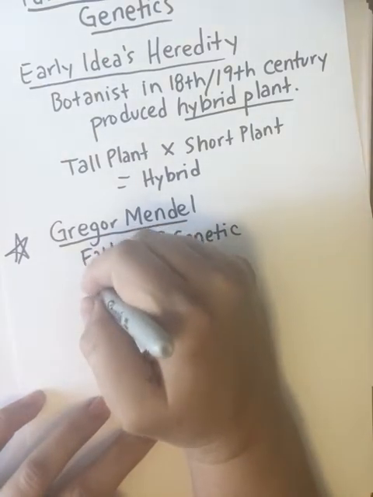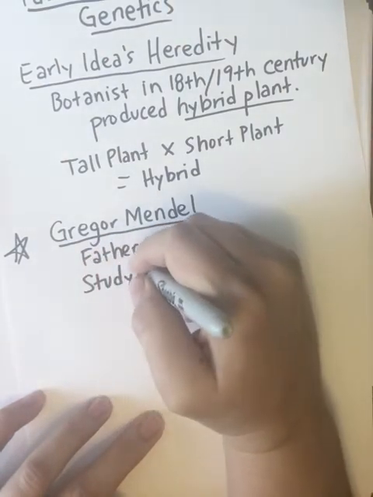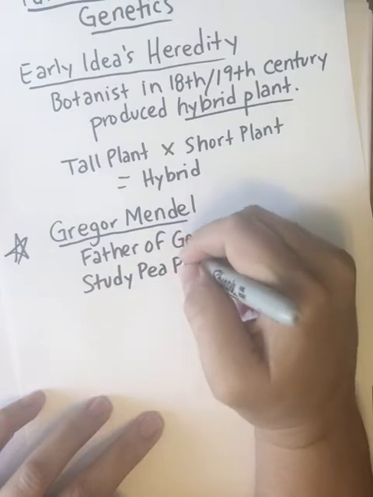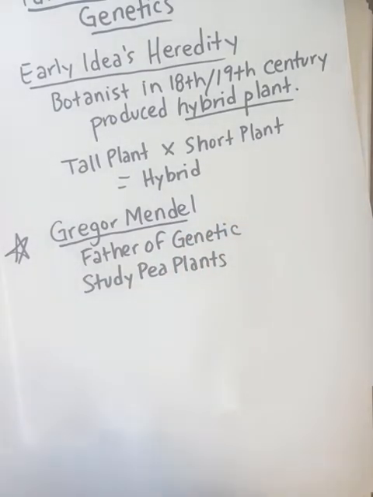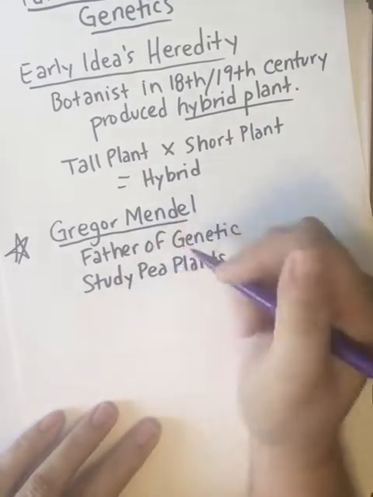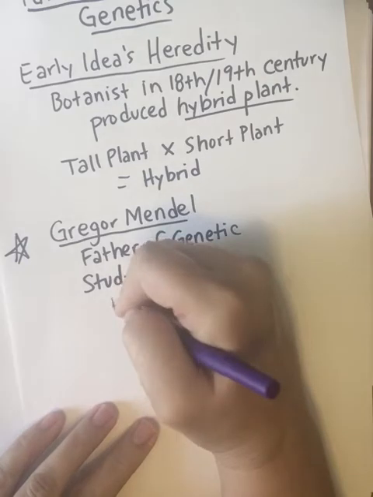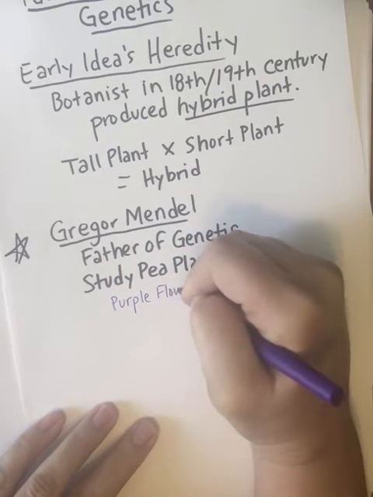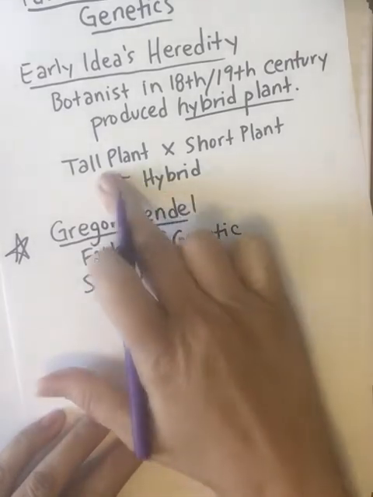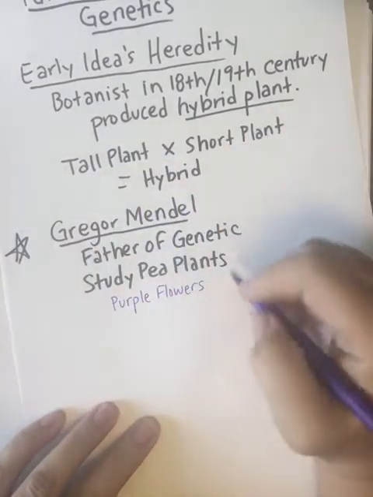He studied pea plants, and pea plants are really easy to study because they have a lot of characteristics that we can look at to make hybrids. So, a couple of things. Pea plants can have purple flowers. So he crossed purple flower plants and made hybrids.